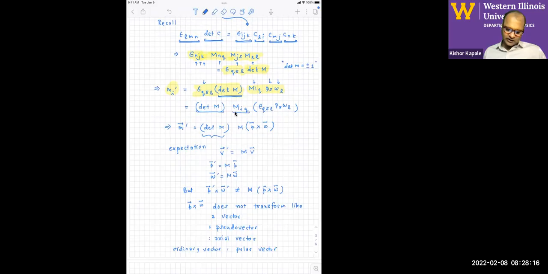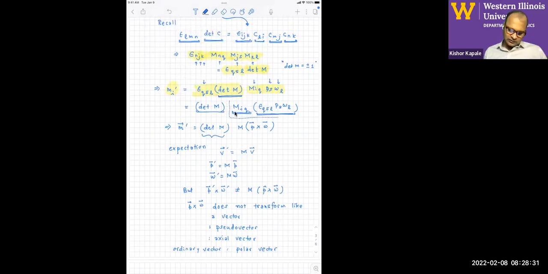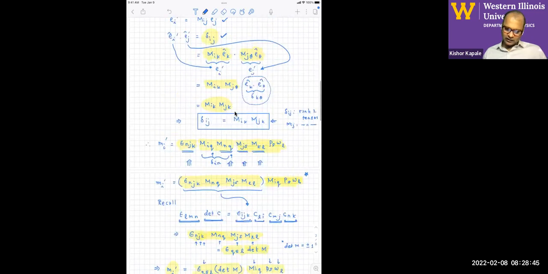Let's put the transformation matrix miq, and then you have epsilon qsl pswl. This part that I have underlined here, let me put a dashed box around it. This dashed box term, I'm going to call star.